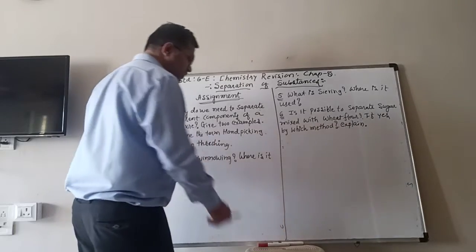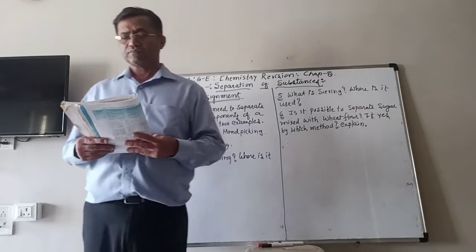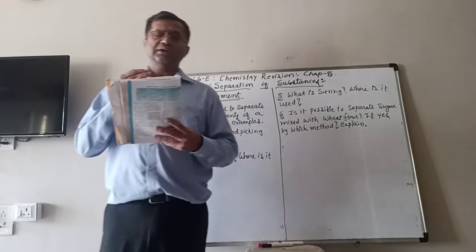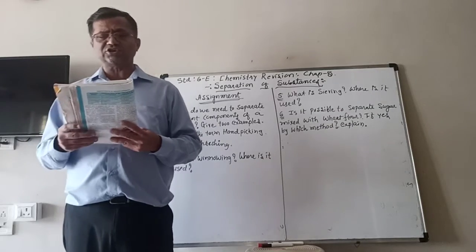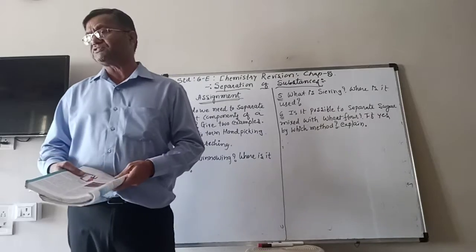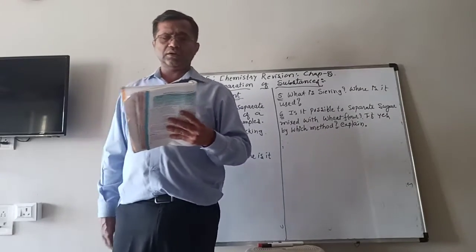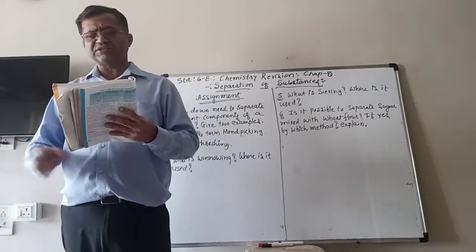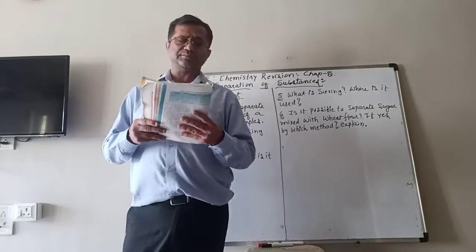Now this method of threshing is used by the farmers. But before we go to that, we already talked about how we can pluck the mangoes, pluck the flowers, and separate the fruits, etc., by hand picking.